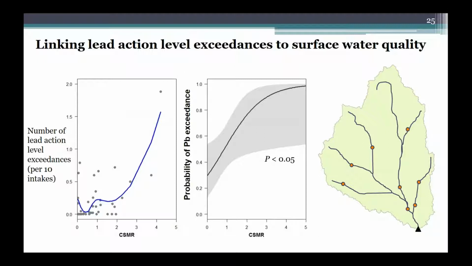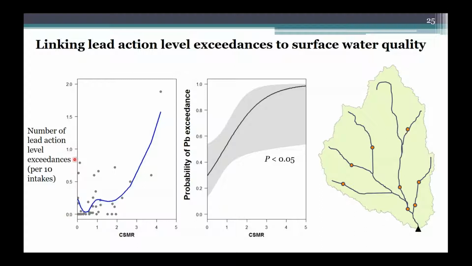Okay, and then we looked at how the number of lead action level exceedances compared to the chloride concentration, the Larson ratio, and the chloride to sulfate mass ratio. And here we're looking at the site average chloride to sulfate mass ratio on the x-axis. So this refers to the monitoring location at the outlet of the watershed.